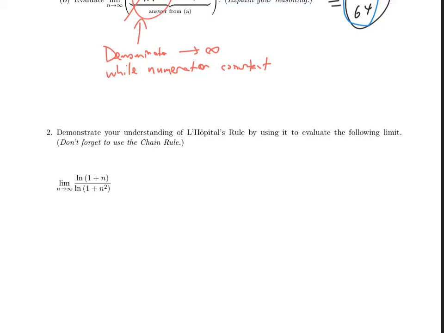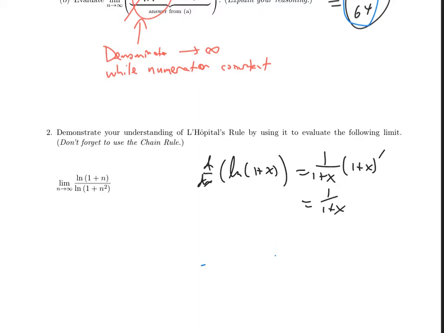L'Hopital's rule using the chain rule. So we need to know the derivative of the numerator and denominator here. The numerator's derivative is 1 over 1 plus x. Technically, that's the chain rule because we're also multiplying by the derivative of 1 plus x, but the derivative of 1 plus x is just 1.